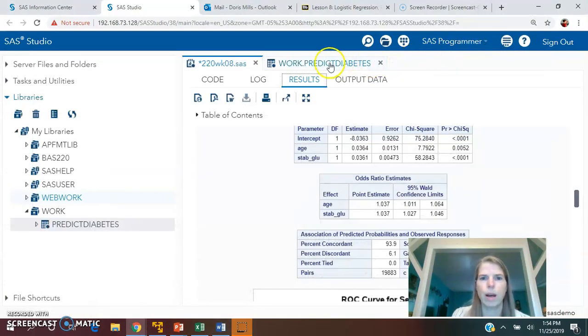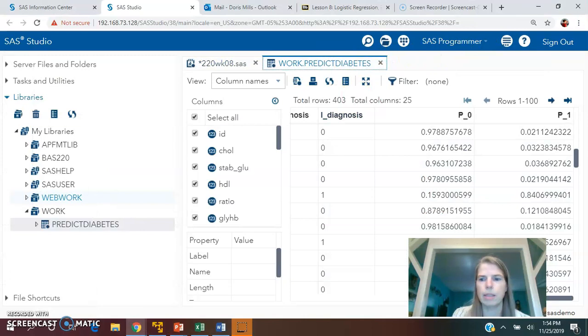Okay, and just one more comment about these probabilities. These probabilities will also help us to group our observations, if we wanted to, into people highly likely to get the diagnosis, those who aren't very likely at all, and those with a moderate chance.